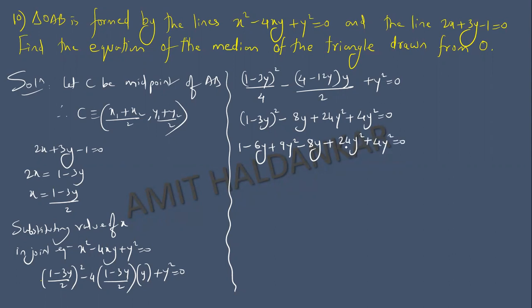Now 24 plus 4 plus 9 is 37y square minus 14y plus 1 is equal to 0. Now you get this as a quadratic equation. So the quadratic equation over here will have two roots.